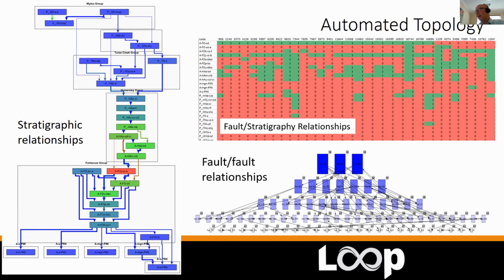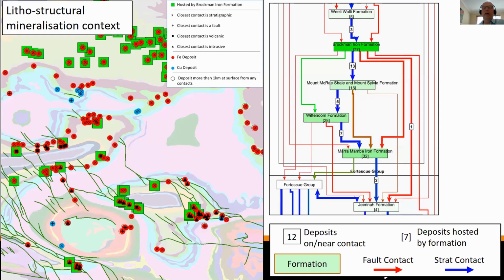We can do that, and we need to do that in order to build our 3D geological models, but we can also use that information in a more metallogenic sense. And here we've plotted on the left-hand side all of the red dots are iron ore deposits, and all of the blue dots are copper deposits.